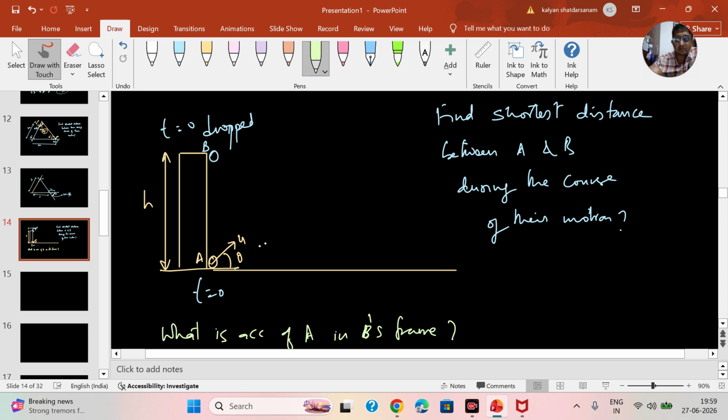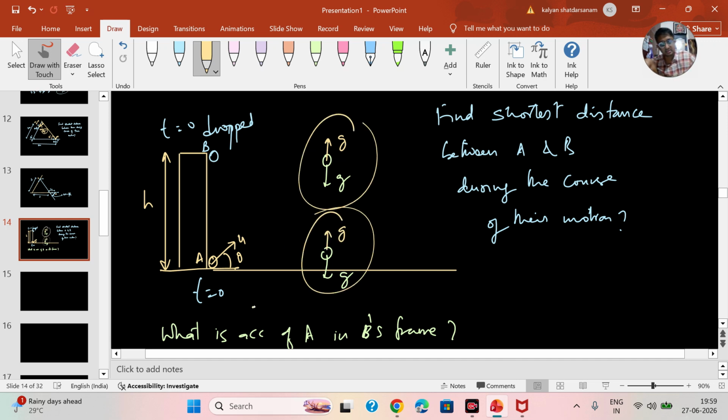So you see, the moment you throw them, both have acceleration g only, right? Down, because the force was mg, so force divided by mass, acceleration, is g for both. So if you want to find acceleration of A in B's frame, you add negative of B's acceleration to A's. So in B's frame, A's acceleration will be 0.